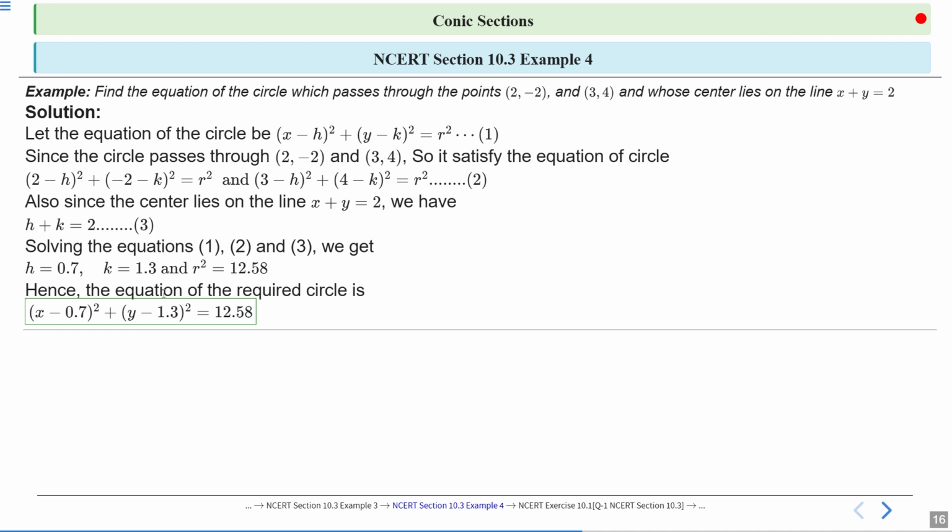Hence the equation of the required circle is x minus 0.7 whole square plus y minus 1.3 whole square equal to 12.58. So our required circle is x minus 0.7 whole square plus y minus 1.3 whole square equal to 12.58. I hope it is clear to all of you.